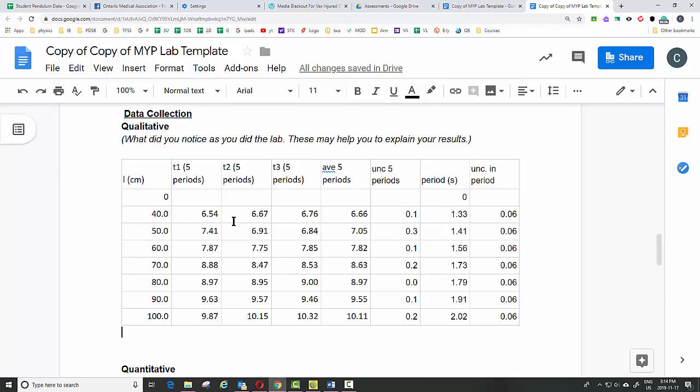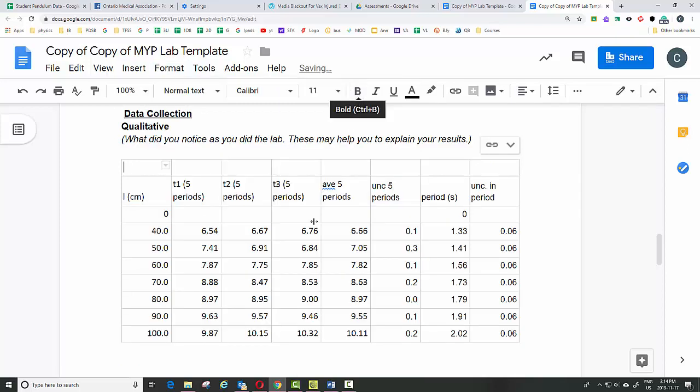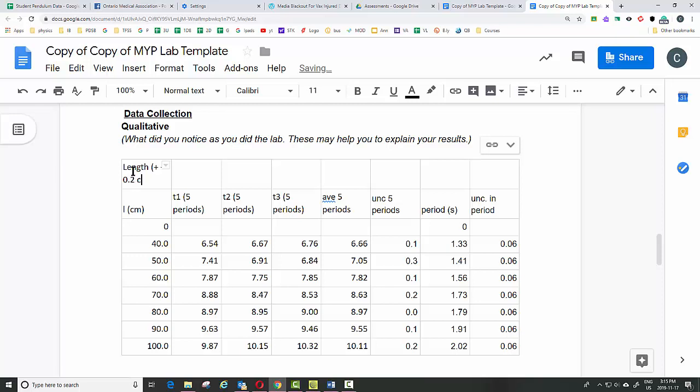So typically I do a bunch of edits to my table here to make it appropriate for the lab itself. So if I want to do a row above this top row, I put my cursor in the top row and I go to Format, Table, and Insert Row Above. So now I'd probably write these words out properly, length, and I'd give the uncertainty plus or minus, say, 0.2 centimeters.